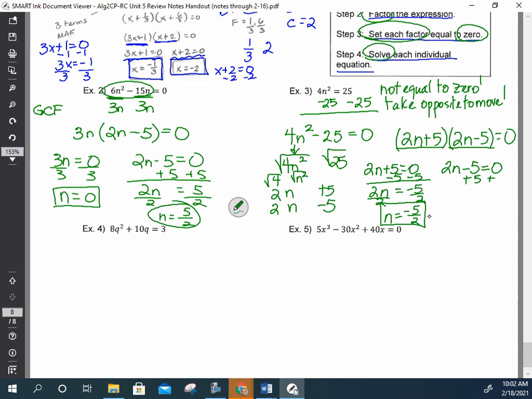Go to the other equation. Add 5 on both sides. Divide by 2. Positive 5 over 2. There's your two answers.